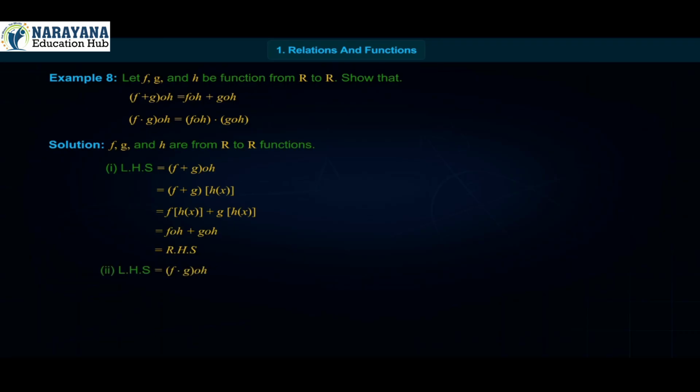Number 2. Left hand side is equal to (f · g) ∘ h, which is equal to (f · g) of h(x), which is equal to f(h(x)) · g(h(x)), which is equal to (f∘h) · (g∘h), which is the right hand side.